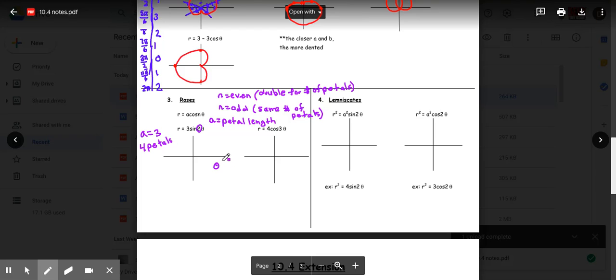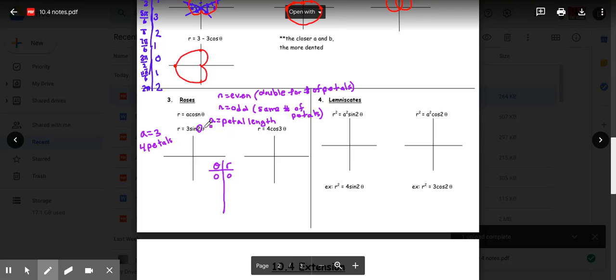So theta comma r, you actually need from 0 to 2 pi to complete these. So if we start at 0, you get an r of 0. And here's where you got to be careful because you're doing 2 times theta.